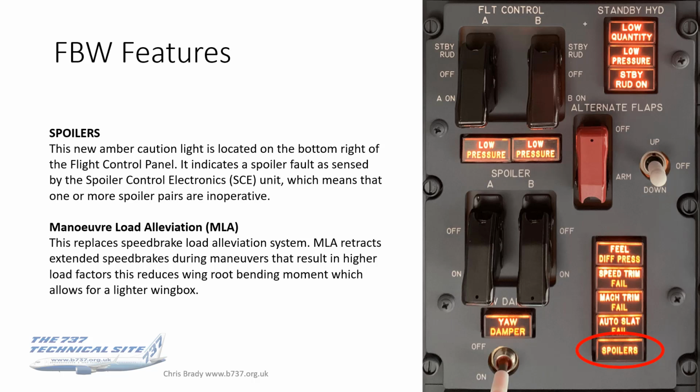If you think about it, using too much speed brake in, for instance, a loaded turn, a high G turn, would really cause the wings to bend. So what it says is, well, I can't do anything about the G that the guy's pulling, but I will reduce the speed brakes. So it takes matters into its own hands and drops the speed brakes by as much as it needs to bring the loading back into limits.